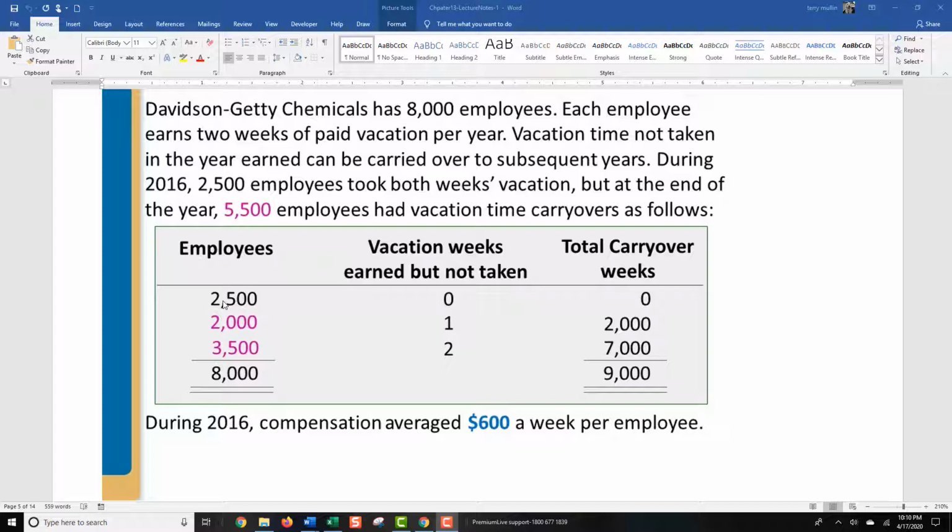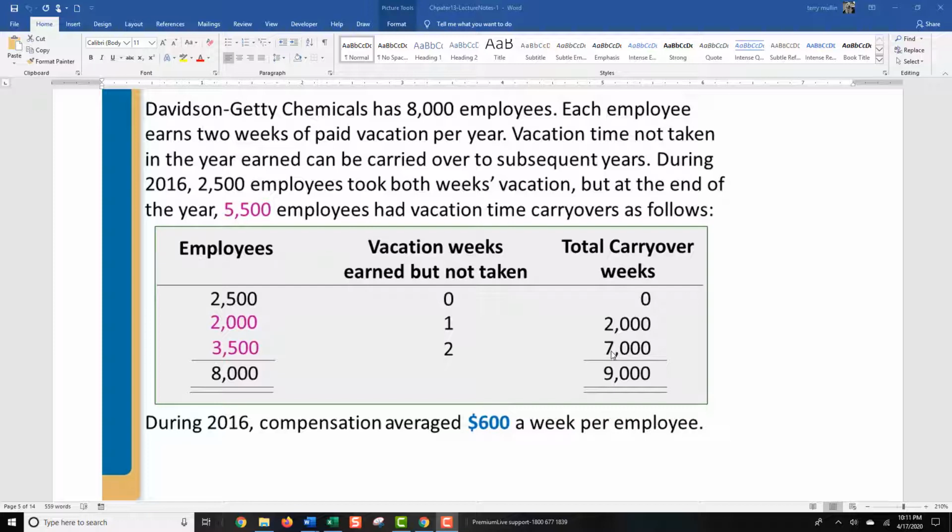So 2,500 employees had used up both of their 2 weeks paid vacation, so there was no carryover. 2,000 used 1 week, so they still had 1 week coming. 3,500 employees still didn't use any vacation, so they had both weeks still to come.